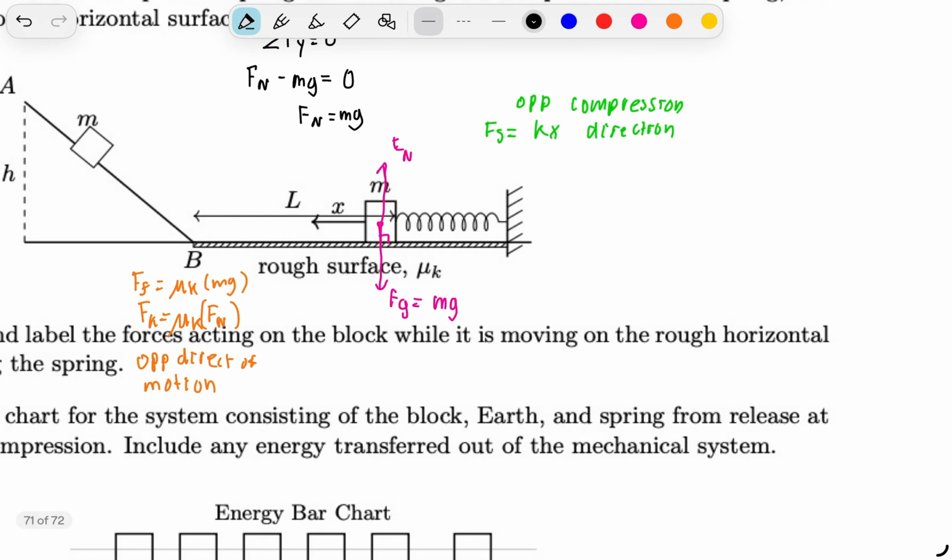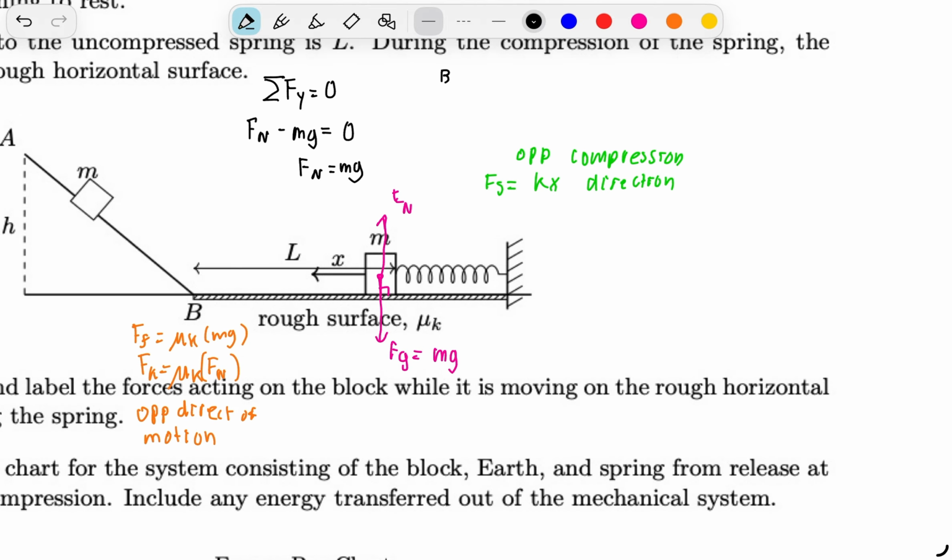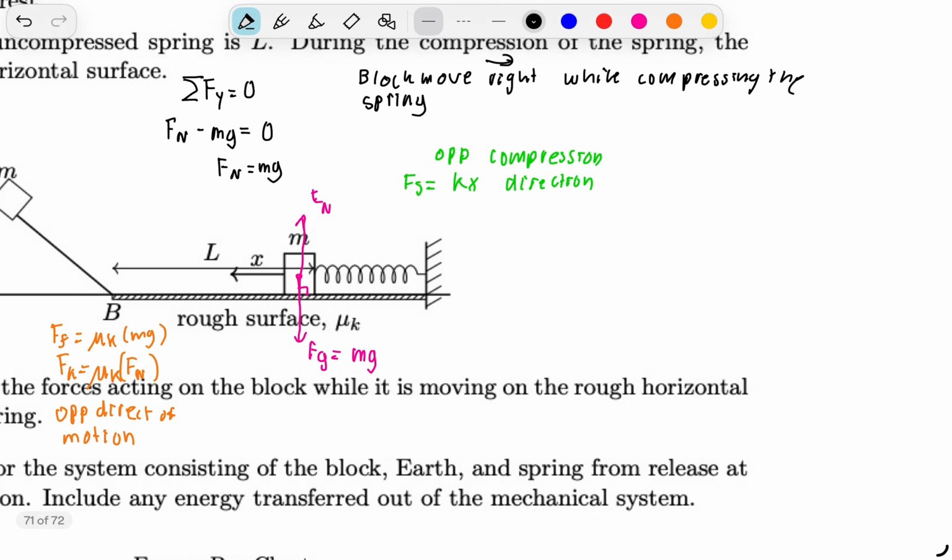So now we know that the block is going to move right while compressing the spring, obviously, to go towards the wall.